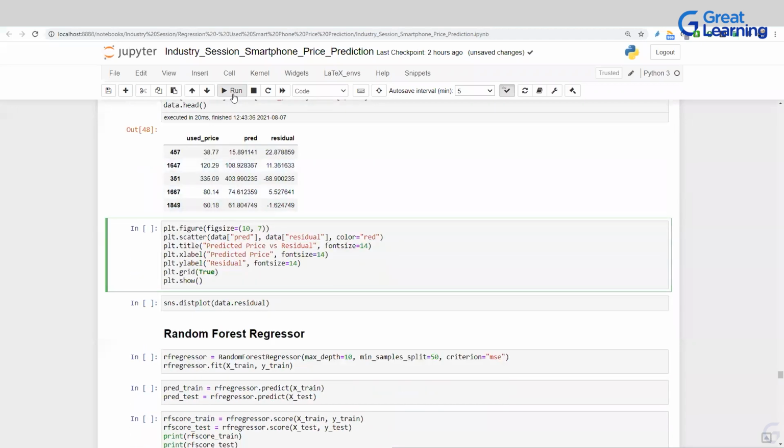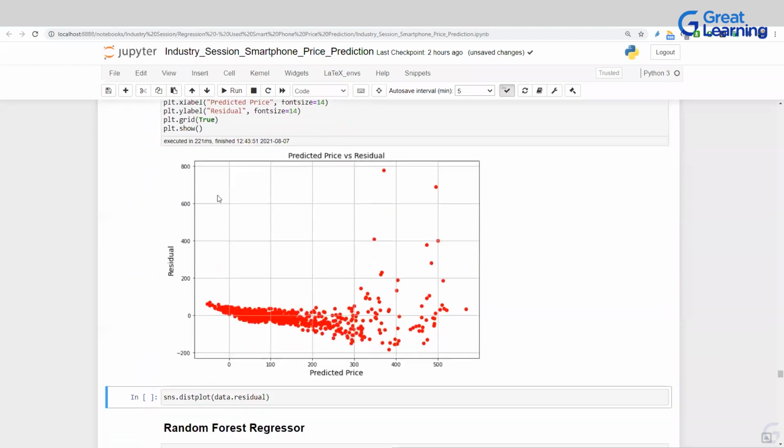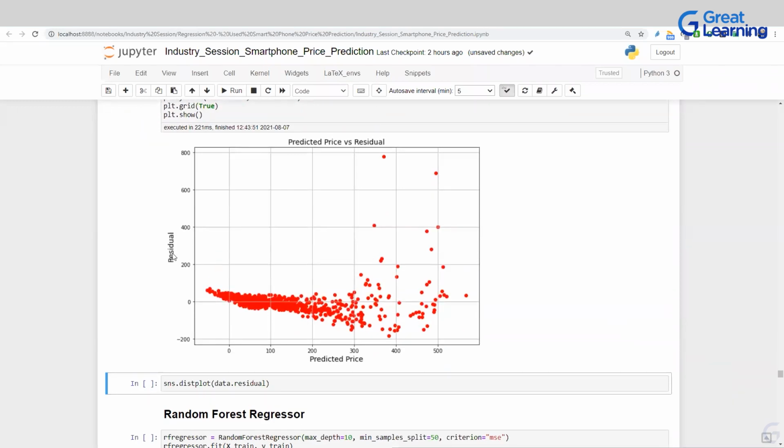And then I'm comparing the predicted data against the residual, which gives us an idea if the model has homoscedasticity or not. So here we can see a clear trend that as the predicted price increases, the residuals, or the error in the model, go down.